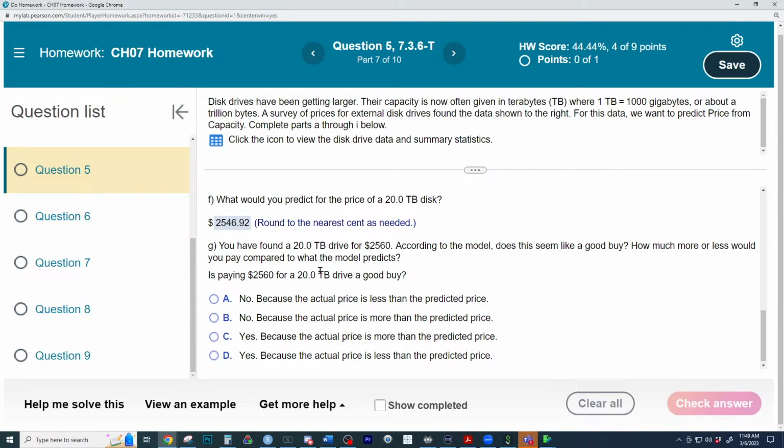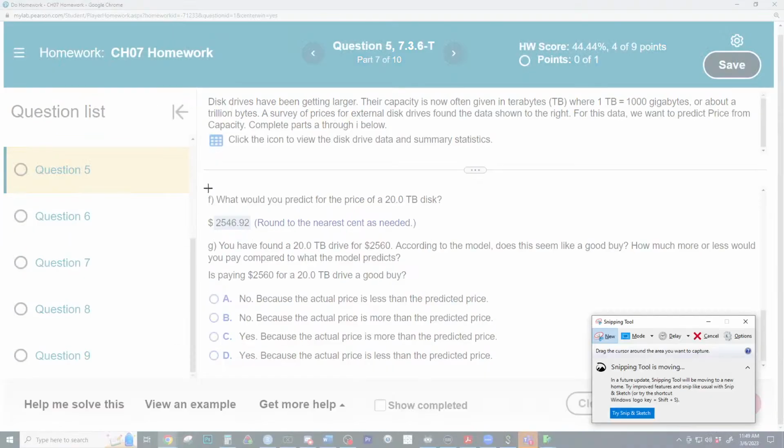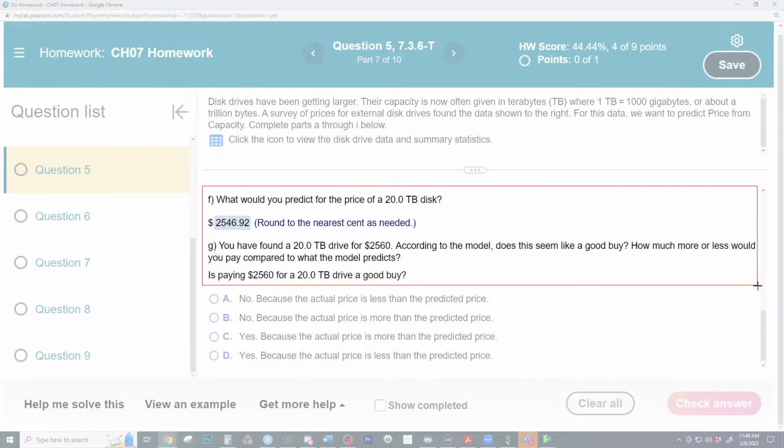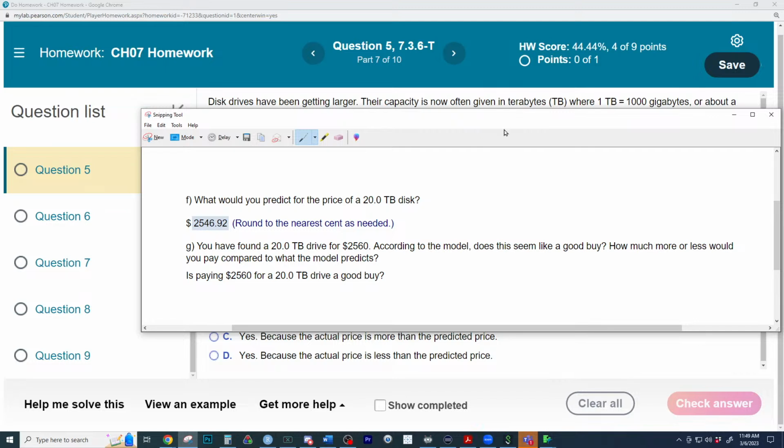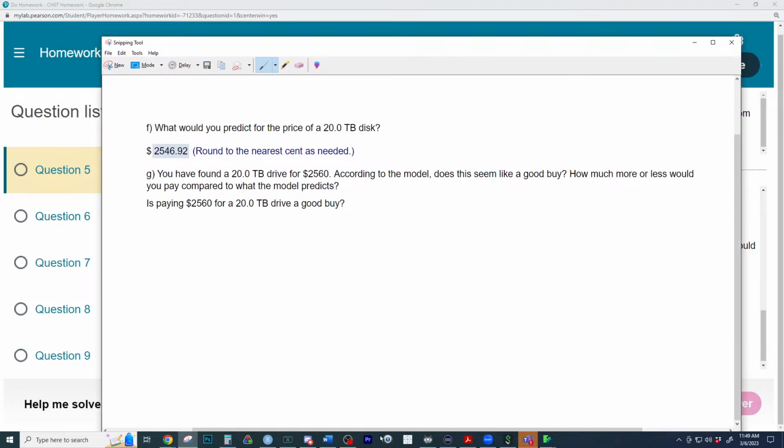You have found the 20 terabyte actually cost this. So this is where you go back to your notation now. And knowing our notation is key right here because we just found the value of Y hat. So that was Y hat, and it says it actually costs this. This is the value of Y. So E equals actual minus predicted. And so we'd go here to the actual cost minus the predicted.